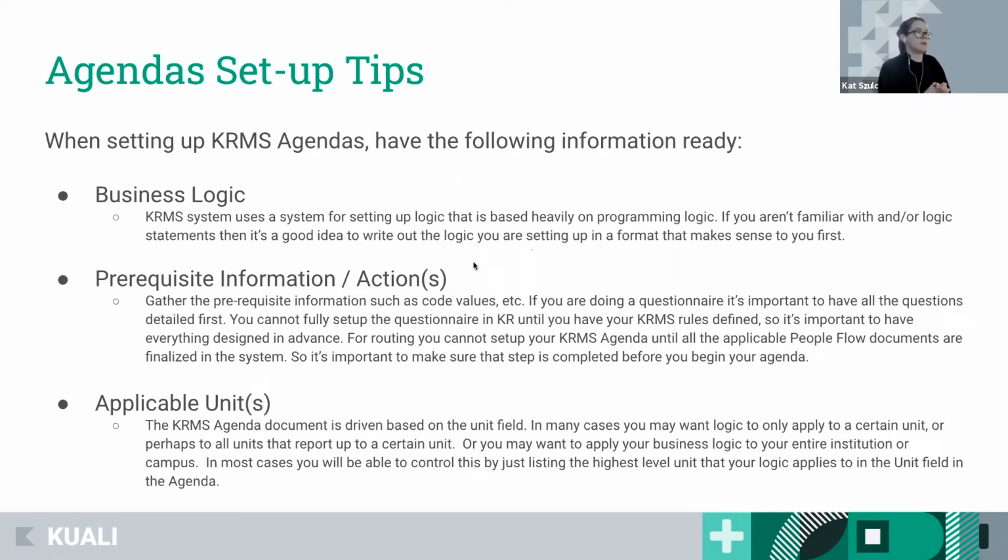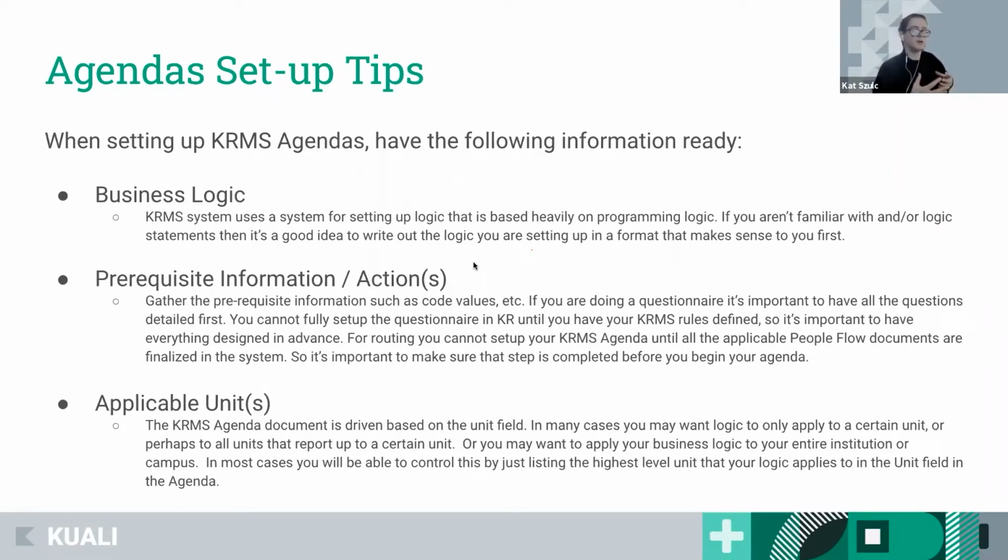And then I would encourage you to gather the prerequisite information. You'll see this put into practice a bit more as we look at the examples, and you'll see exactly what I mean. Oftentimes when you're building an agenda, you have to add rules, and these rules are looking at pieces or attributes in your proposal or award, depending on where the agenda is applied.